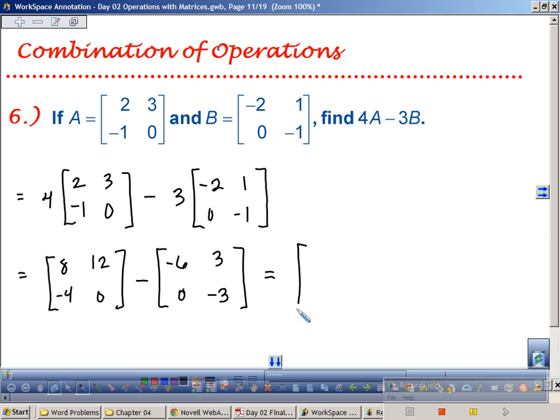So now I'll do 8 minus the opposite of negative 6 is positive 6, negative 4 minus 0, 12 minus 3, and 0, opposite of negative 3 is positive 3.